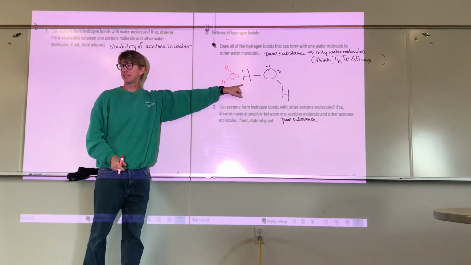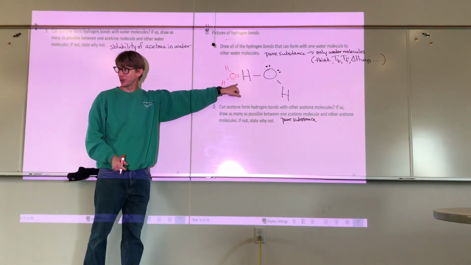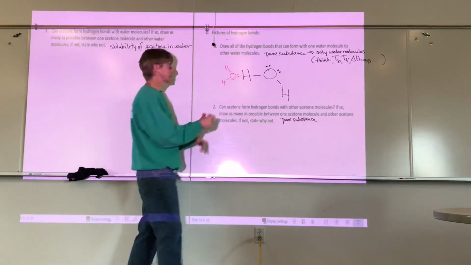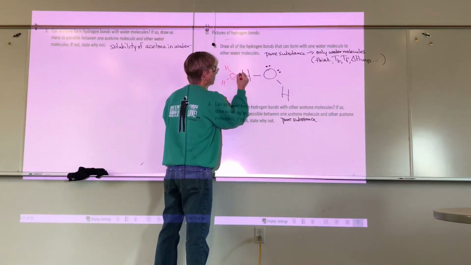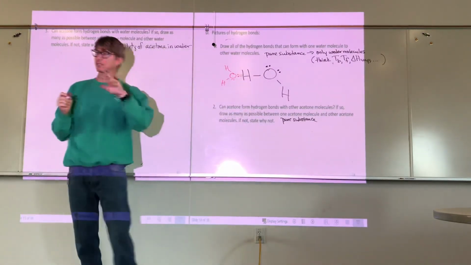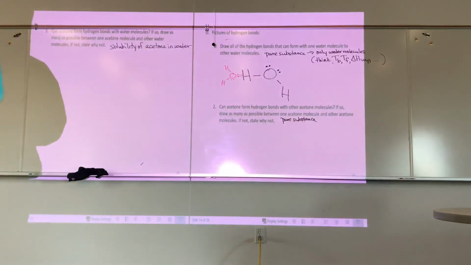Okay? And it's here where I waver. Some semesters, that's the only thing I draw. Some semesters, I draw little sets of dashes there to show the hydrogen bond. Either way is fine with me.